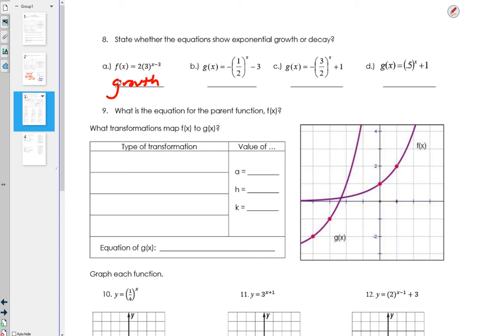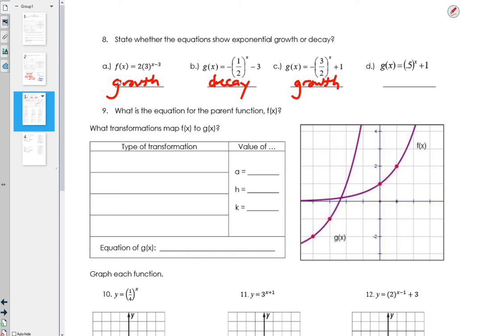How about the next one? Growth or decay? Thank you. Why decay? Base is less than 1. Sure. How about the C? Growth. Wait, but mister, it's a fraction. Yeah, but that's an improper fraction. 3/2 is greater than 1.